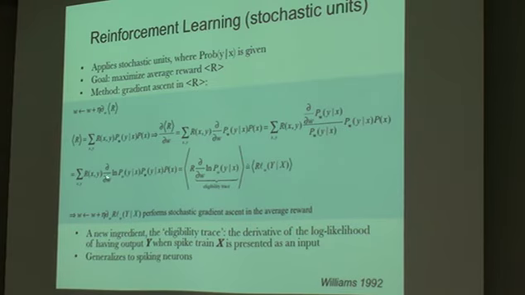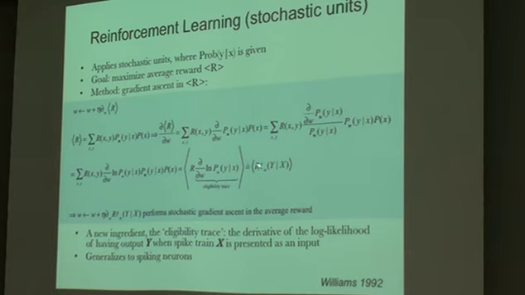And now I have again the joint probability of x and y here, so basically this is an average again. This can be written as the average of the reward times the derivative of the log likelihood of having the output y given an input x. And this is valid for arbitrary networks. It's a very general procedure.